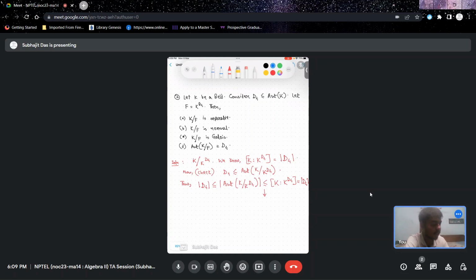This follows from this very easy theorem. I hope you have done this; you can find it in Dummit-Foote as well.